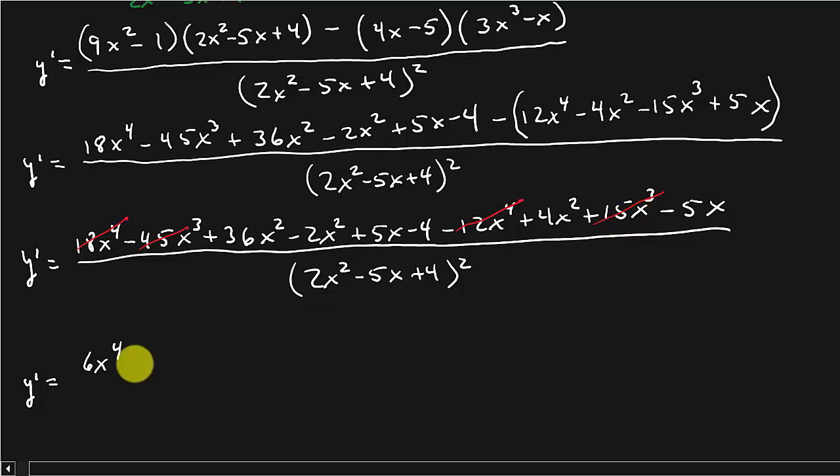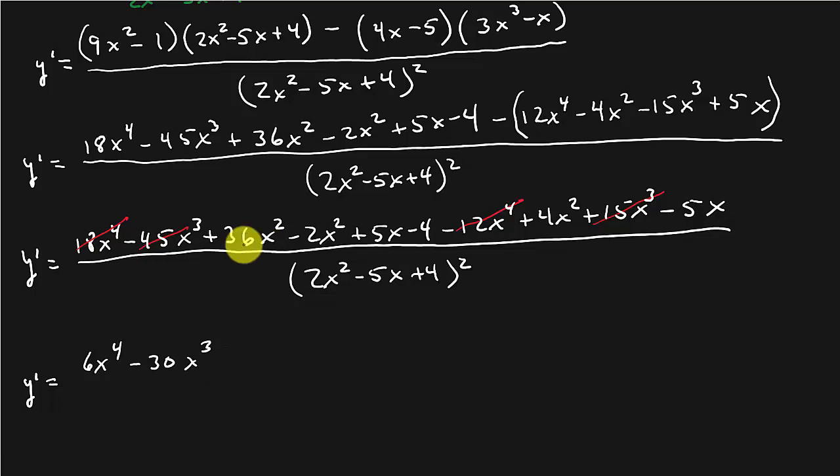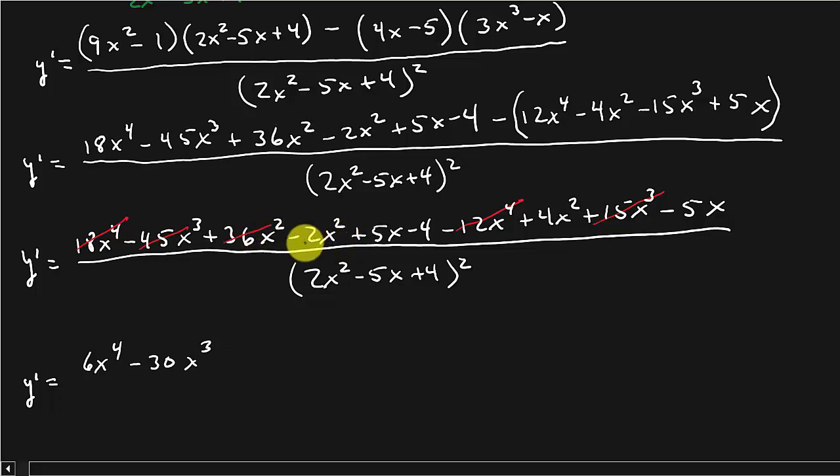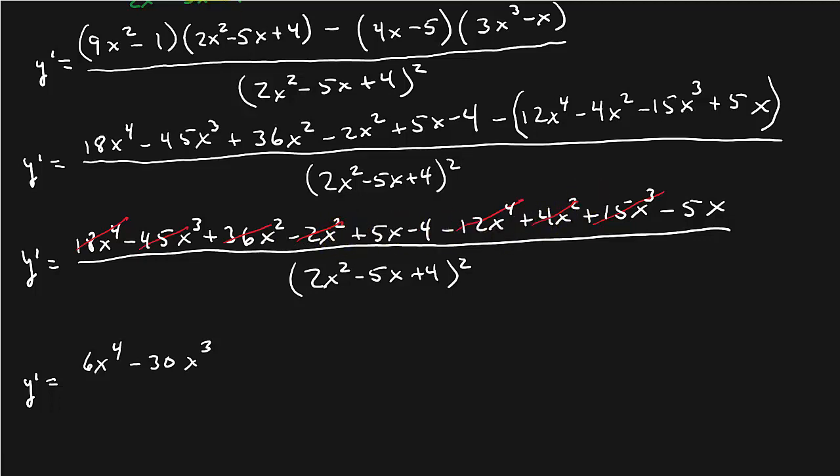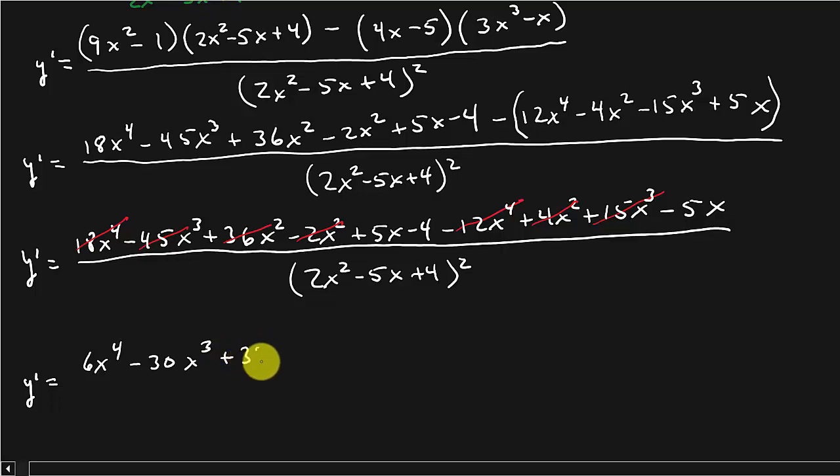And that's going to be, what is that, minus 30x cubed. Okay. And now let's go to the x squared. So that's going to be 36, 34, 38. So plus 38x squared.